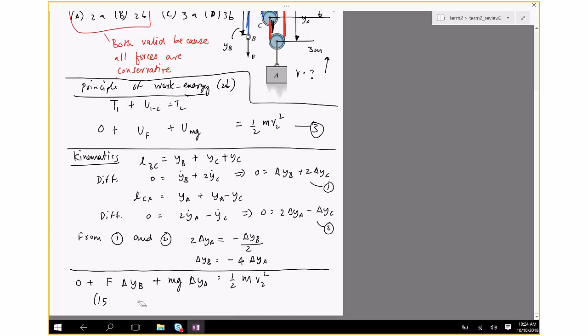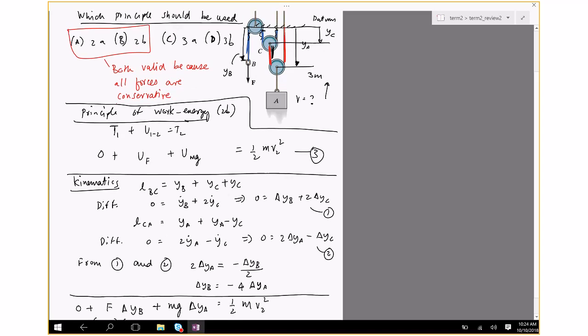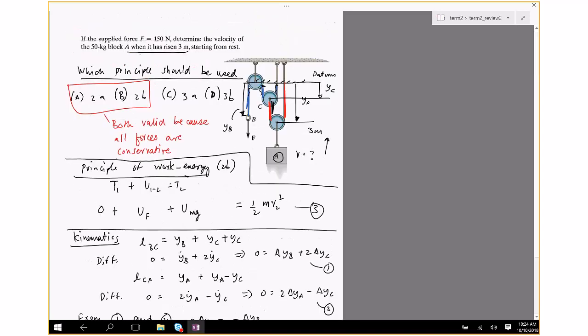Hold on, let me do it in a different way. 150, okay, delta YB is minus 4 delta YA. But what is delta YA? A has moved upwards. When my convention is that downwards is positive, if A moves upwards, it's negative.